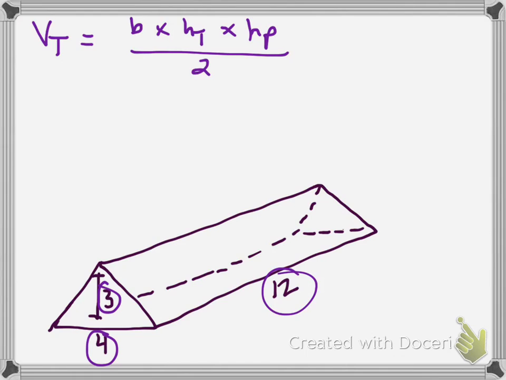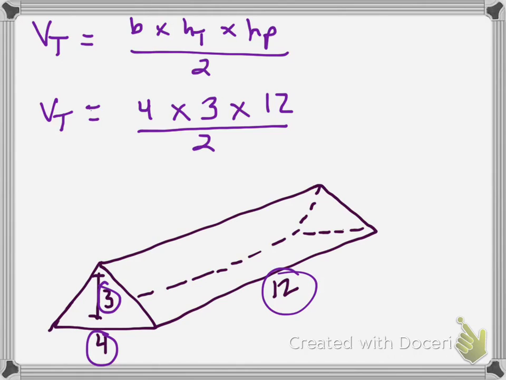So now I'll do my substitution step. The volume of this triangular prism is equal to the base, which is 4, times the height of the triangle, which is 3, times the height of the prism, which is 12, divided by 2. Keep going with my multiplication. Well, I know that 4 times 3 is 12, so then I have 12 times 12 up top, and that is 144 over 2.